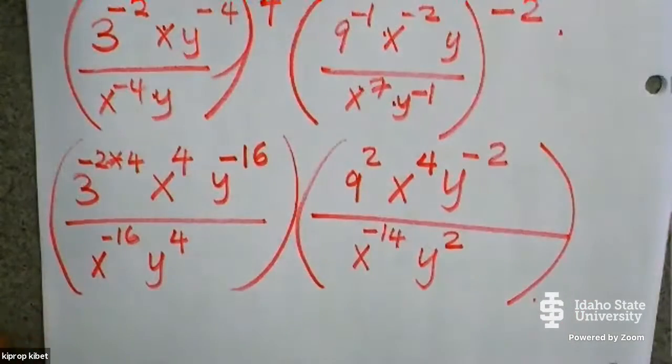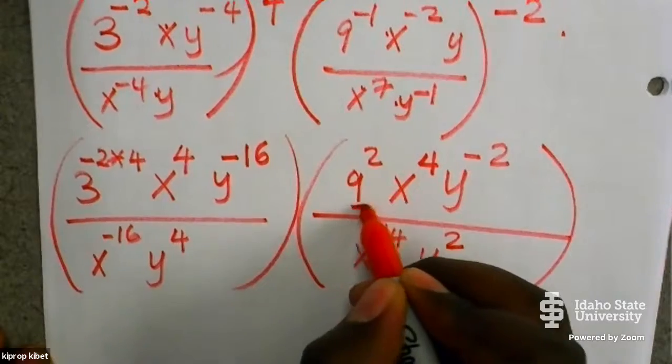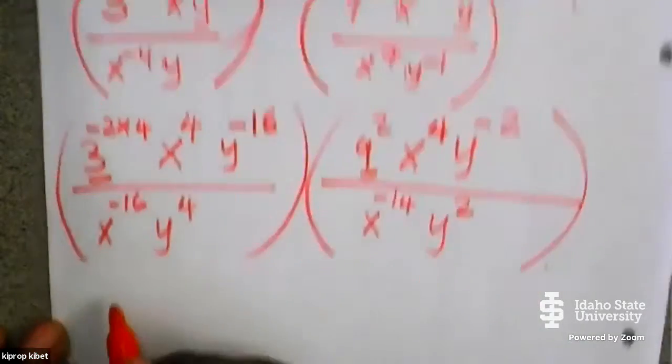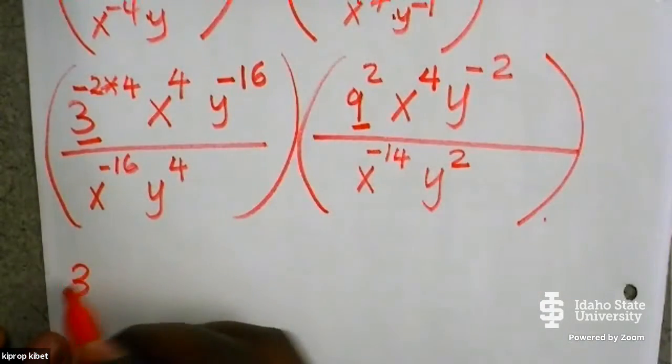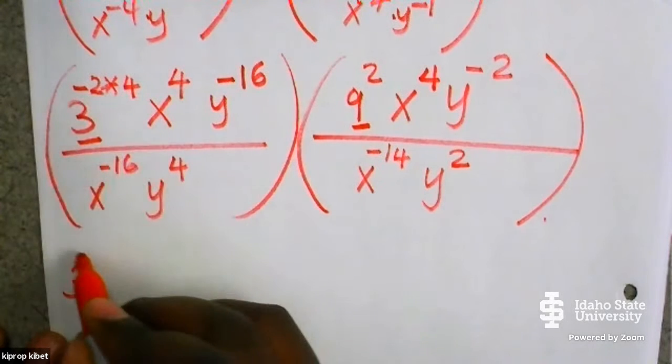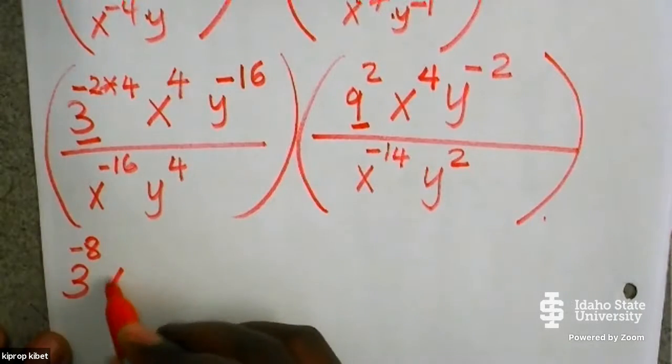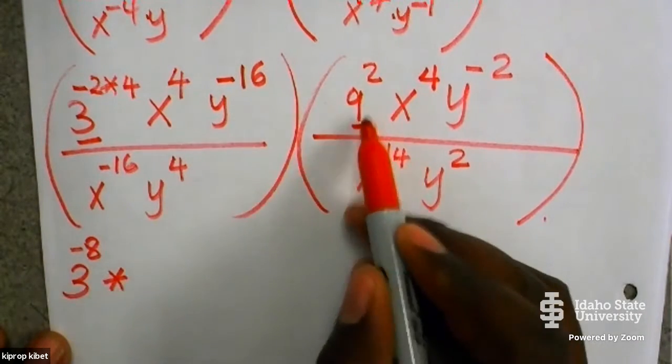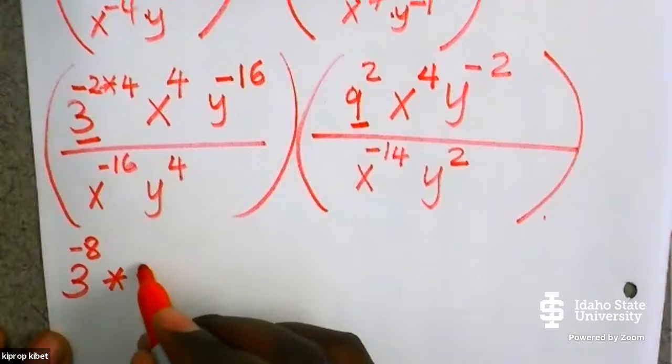Okay, then now you multiply. You collect the like terms. So you pick this one and this. So this is 3 raised to negative 8, multiplied by 9 raised to 2. So it is similar to 3 raised to what?